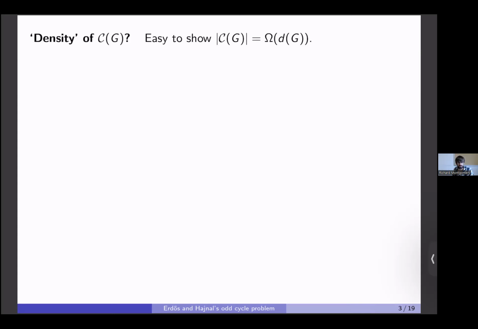Okay, so that's what we know about the number of different cycles, and obviously that's tight considering a complete graph.